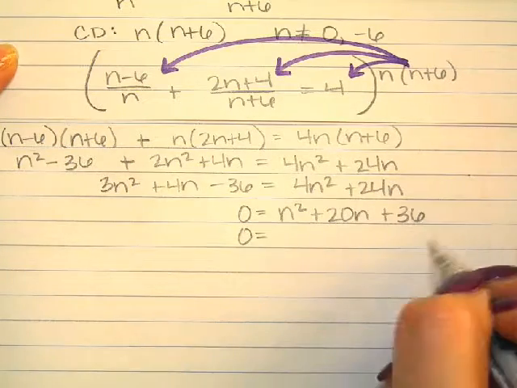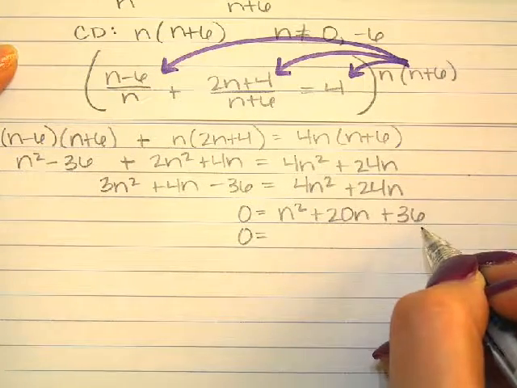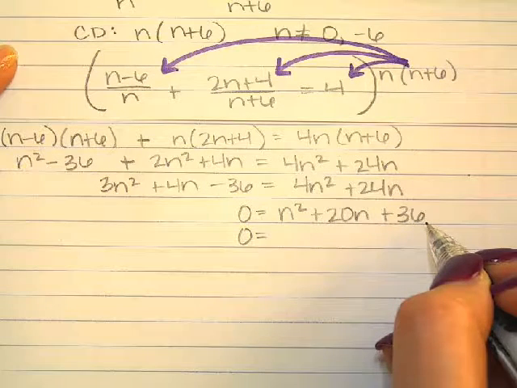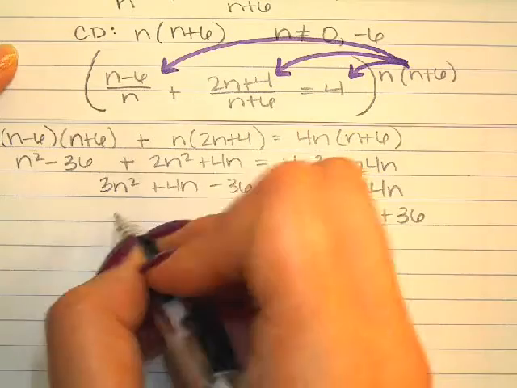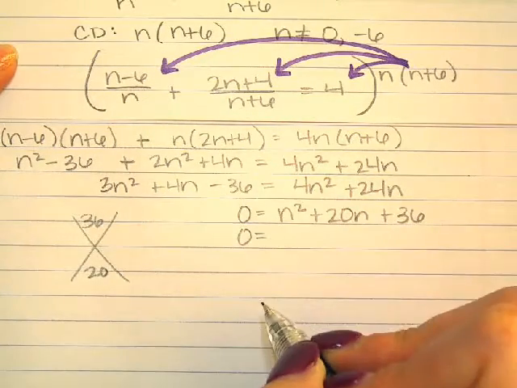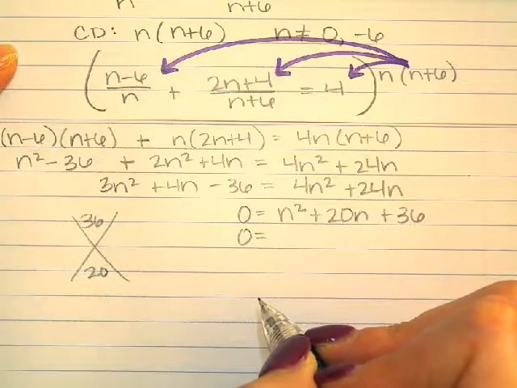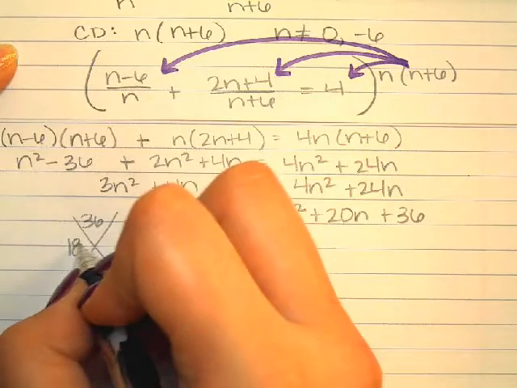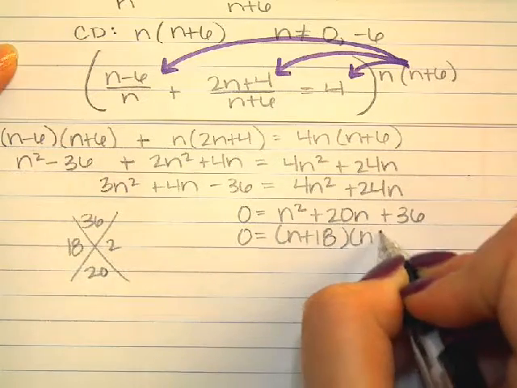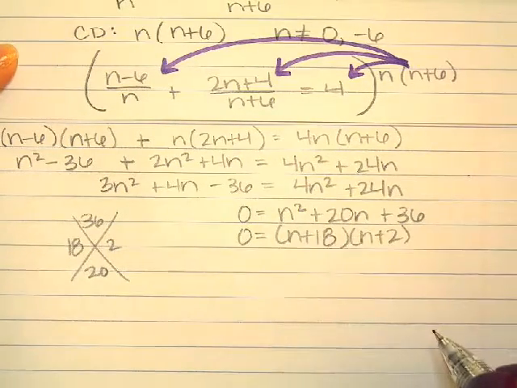So two numbers that multiply to 36, but add to 20. 18 and 2. N plus 18, n plus 2. You guys aren't used to numbers as big as 18 being a factor.